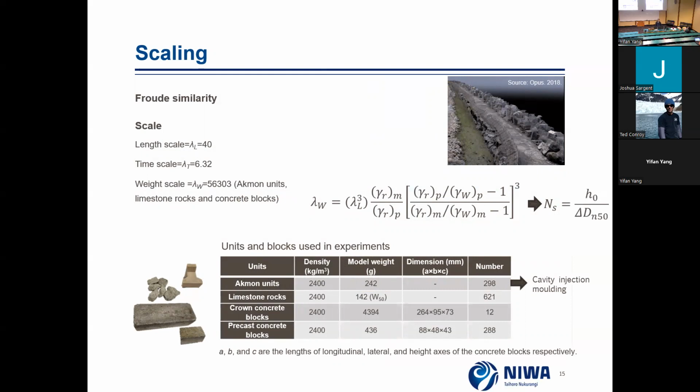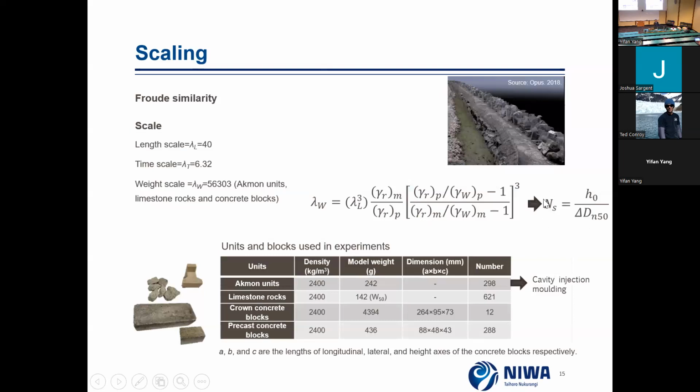So we use Froude similarity, and the length scale is 40. The weight scale is different because we want to maintain the similarity of the stability between the lab and in reality. So this is crucial to keep that stability similarity.